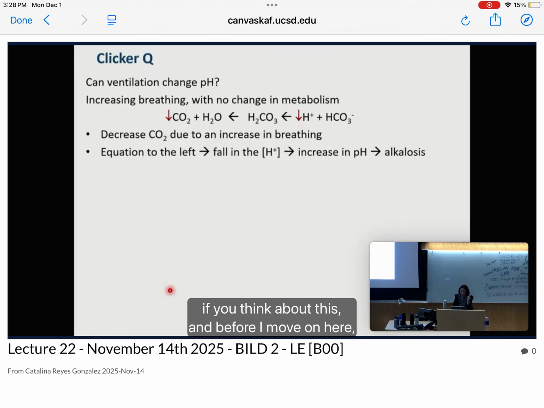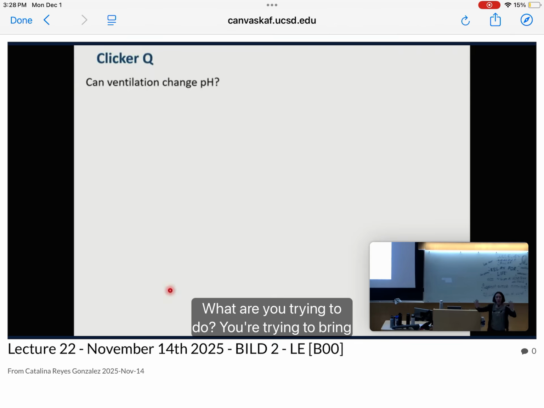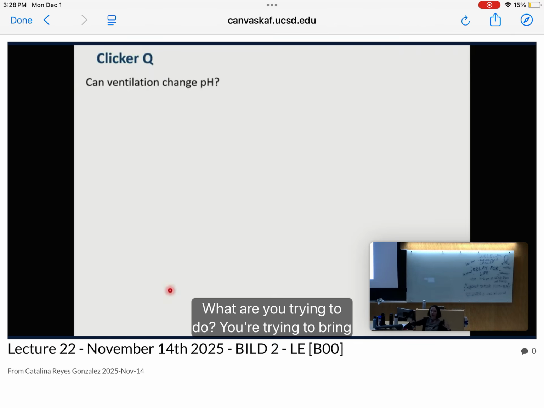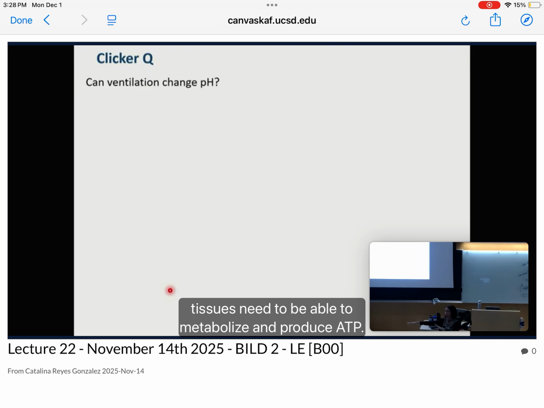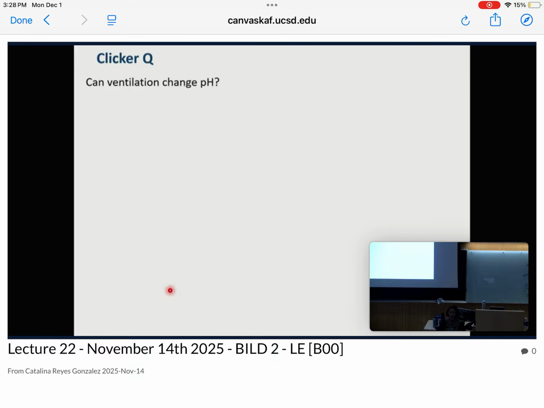So actually, before I move on here, think about this. What are you trying to do? You're trying to bring enough oxygen to your tissues, because that's what your tissues need to be able to metabolize and produce ATP. If we don't produce ATP, we die, because that's the energy for our cells to do work. Okay?